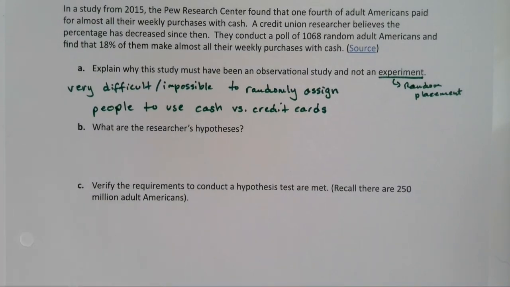Also think about it just a little bit. From experimental design, we prefer it when people, if you're going to be randomly placing them, don't know what group they're in, right? If they were blinded. But it would also be impossible to have blinding in this case because people are going to know whether they're using cash or credit cards. So not only is it really difficult to force people to be in the cash group or the credit card group, especially if they don't have a credit card, but it's even harder to maintain that, and then they would never be able to be blinded, right?